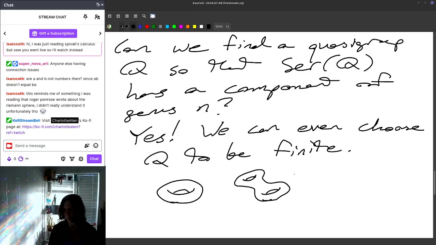You might even buy that I should be able to make a shape like this, if I make it a little more pointy, out of a finite number of triangles. You'll probably buy that I can somehow assemble a bunch of triangles together to make the surface of one of these things.